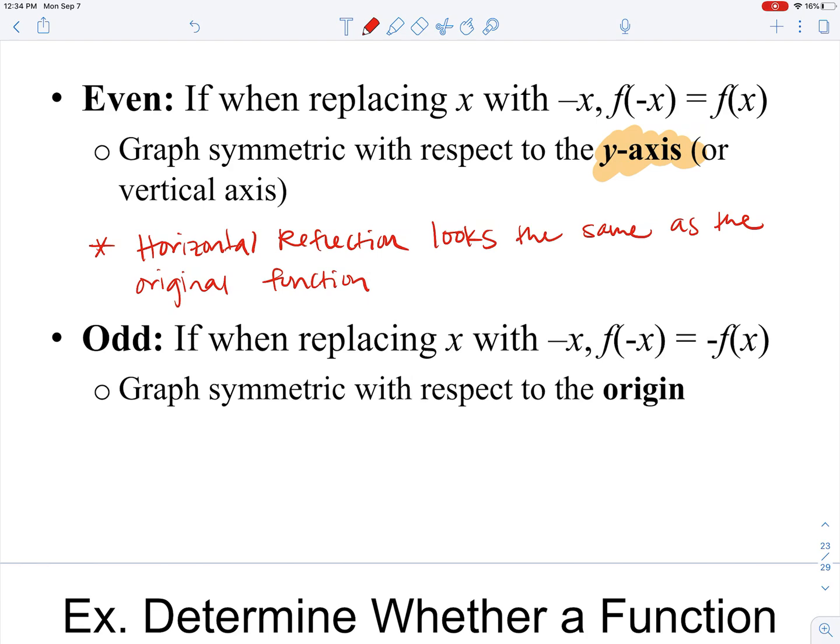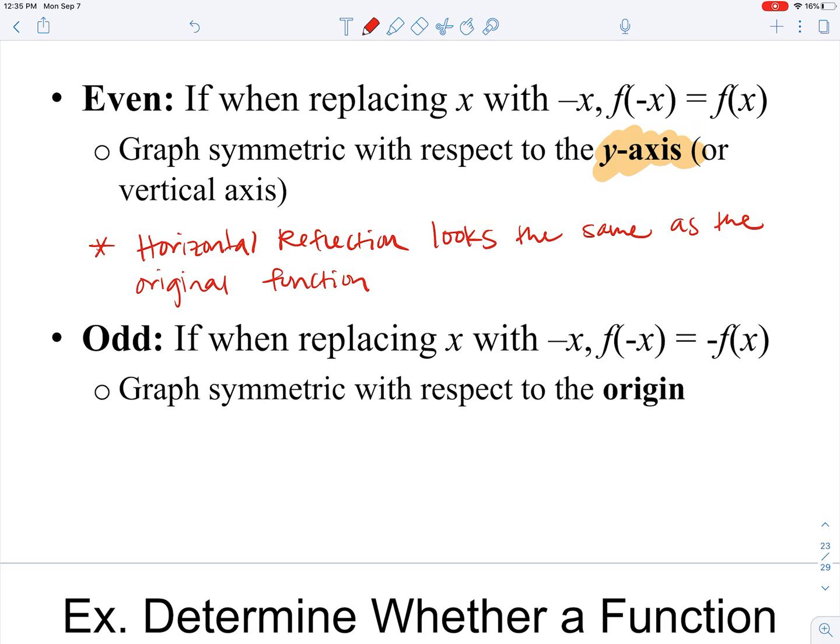So if you take the opposite of every value in the domain, it ends up giving you the opposite y-coordinate from the original function.